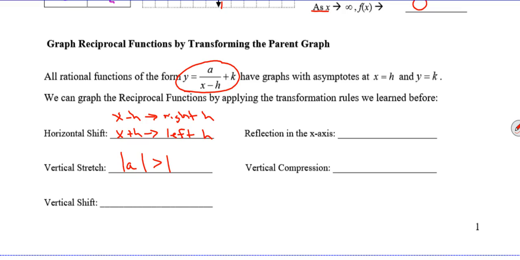If there's a vertical shift, well, a positive k will move it up k units, and a negative k will move it down k units. Reflections: a reflection will happen whenever a is less than 0, whenever a is negative.